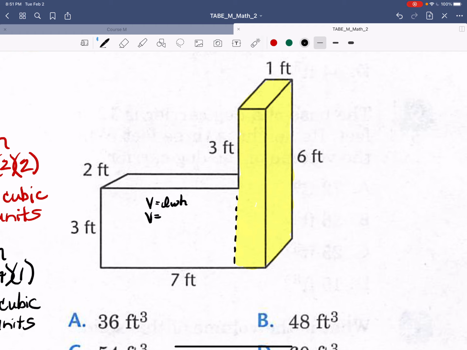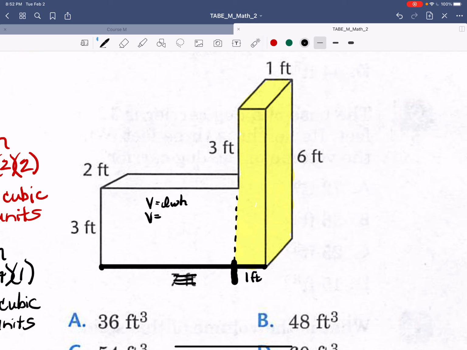Be very careful because that's not what we want it to be, right? They're telling me that from that dot to that one is 7 feet, but I don't want to go from that dot to that one. I only want to go from that dot here. So I know that this is 1 foot.